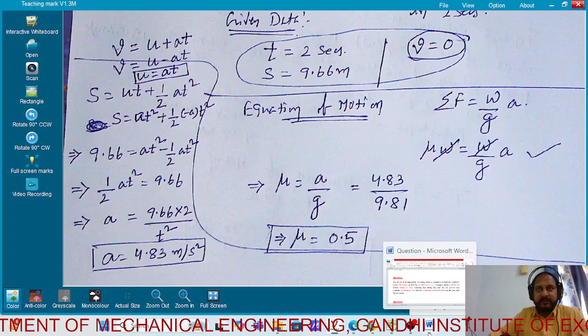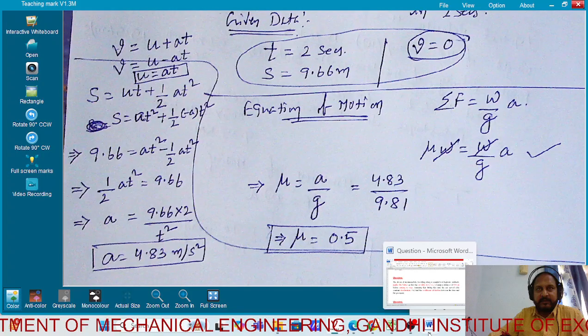Already I told you that it is traveling 30 meter downward with a constant acceleration a. How many seconds? 10 seconds. So now one more data you can put in this particular diagram.